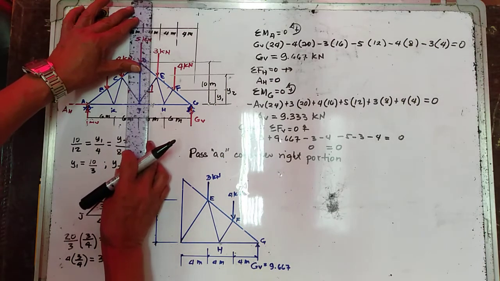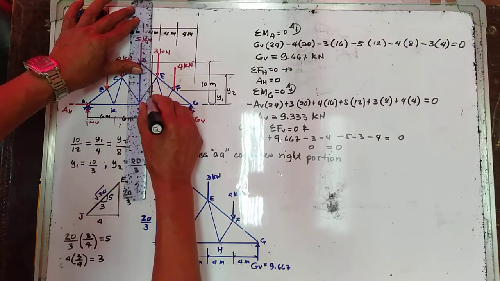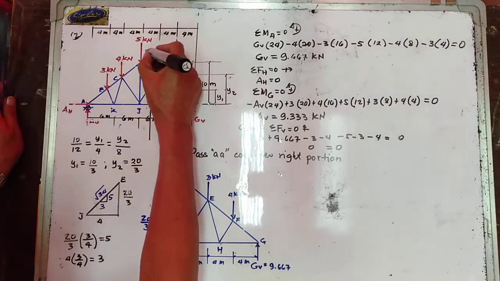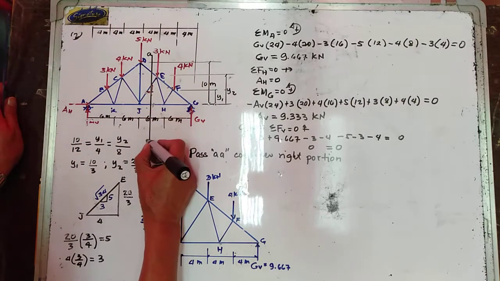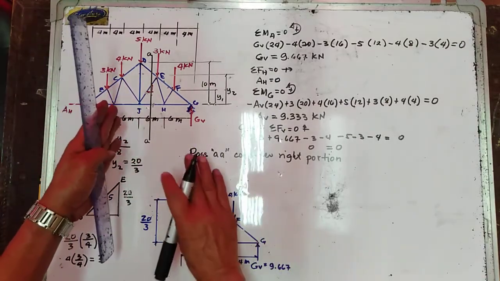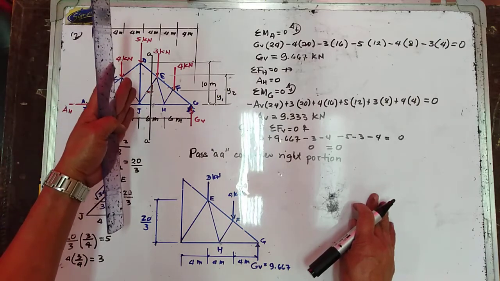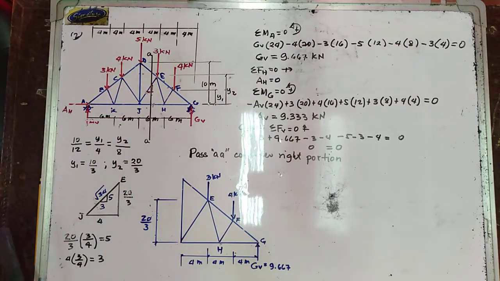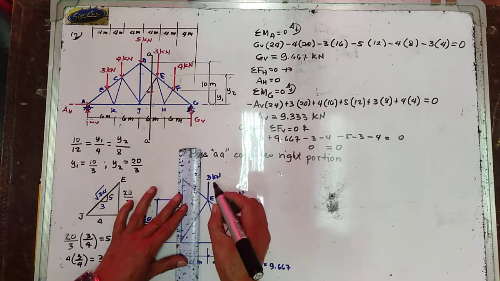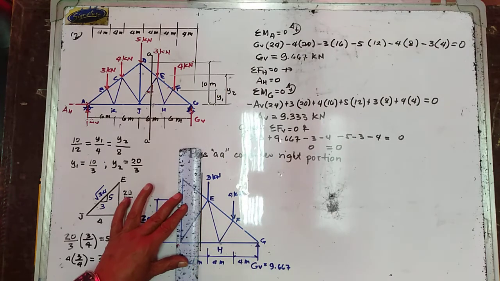So this is the cutting plane, such that this is now your cutting plane AA. So let us try to consider the right portion of section AA. So if you try to consider now the right portion of section AA, so this is now your section AA.